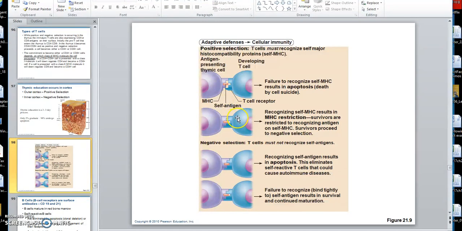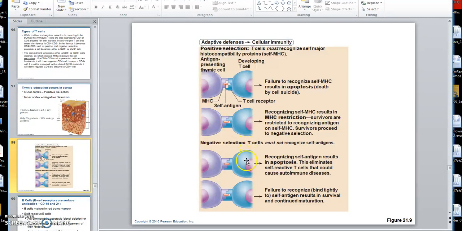So in this case, this is fitting the MHC, but it's not locking to this self-peptide, because that self-peptide is something that the cell made. So in this case, right here, it didn't fit right. In this case here, it did fit right and not locking, so that's positive selection.